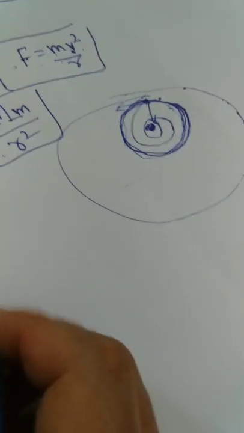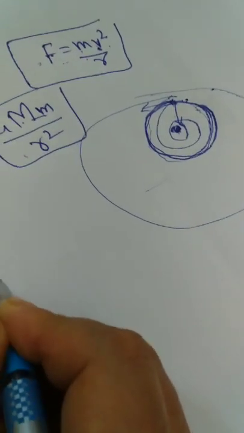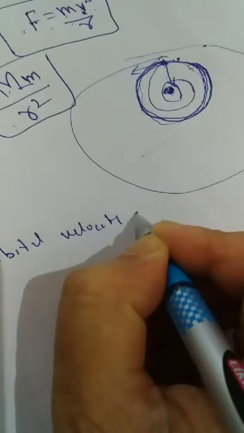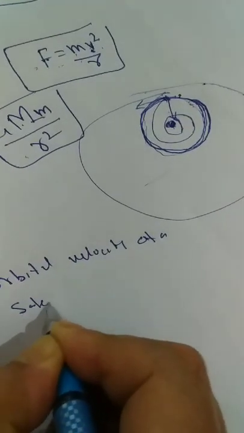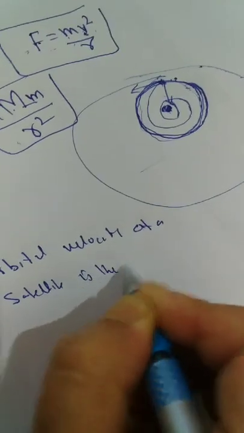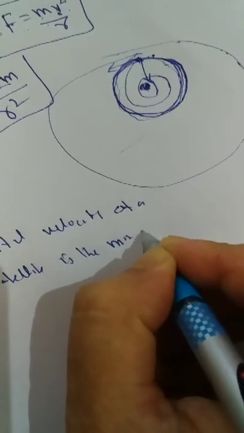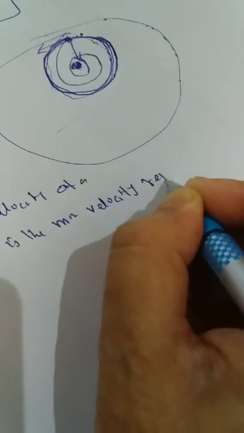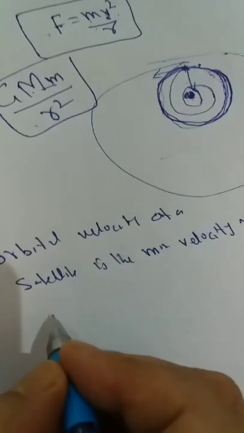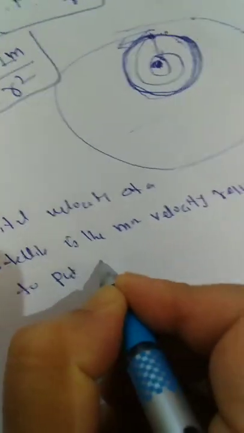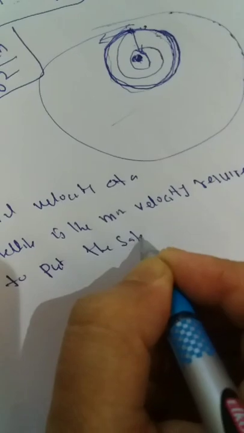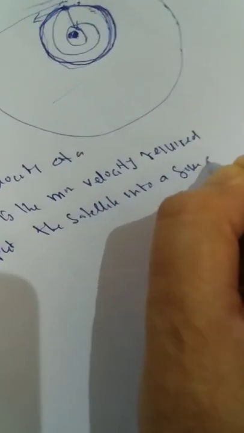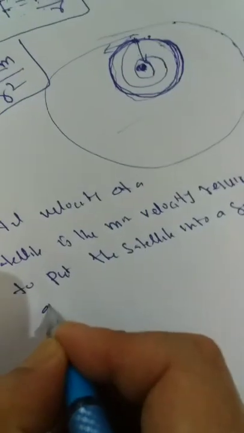Orbital velocity of a satellite is the minimum velocity required to put the satellite into a given orbit around Earth.